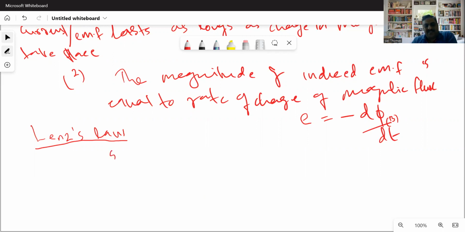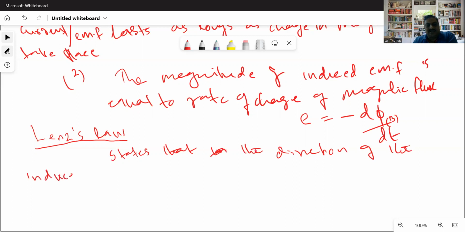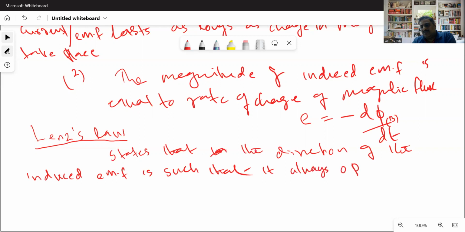So Lenz's law states that the direction of the induced EMF is such that it opposes the cause that produced it.